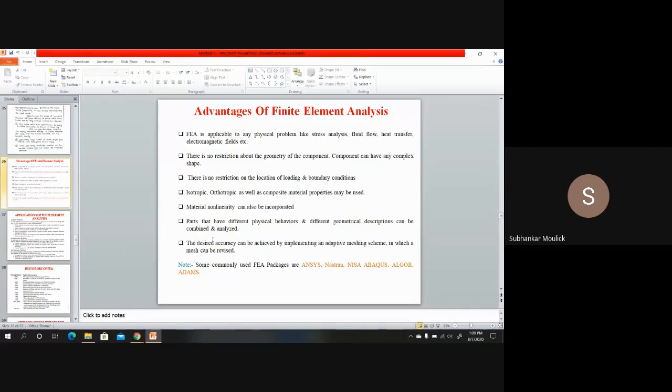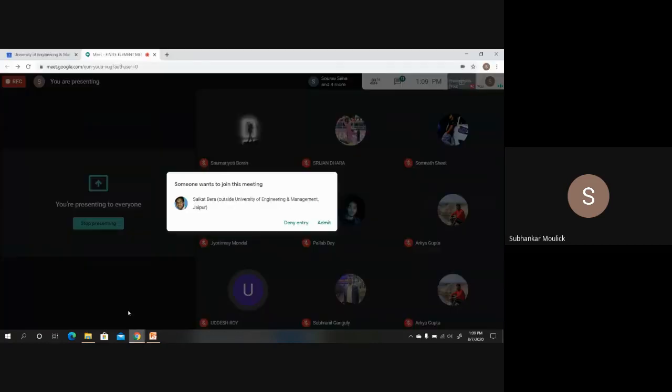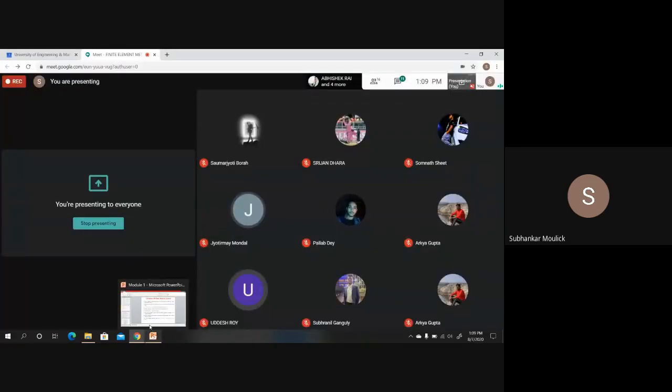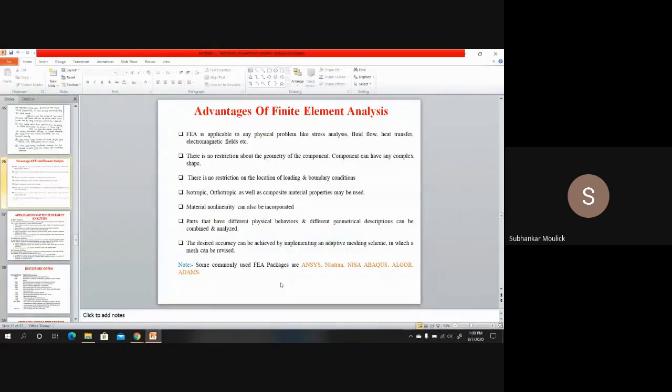If I have a composite problem in which one part is made of one material and one length, and the second part is made of some other material and some other length, I can combine them and solve the problem in FEM.